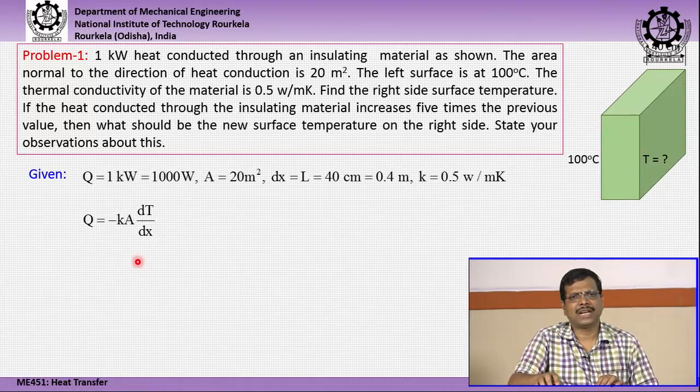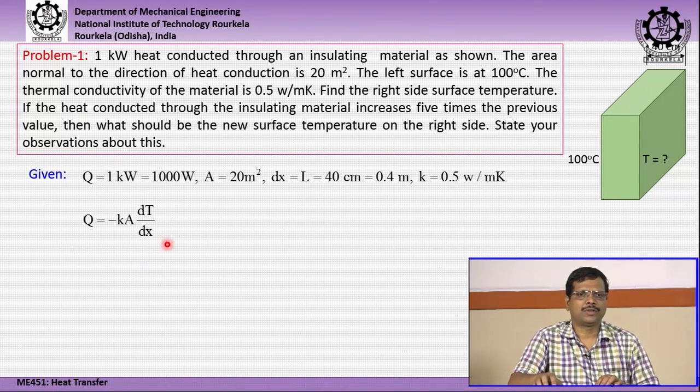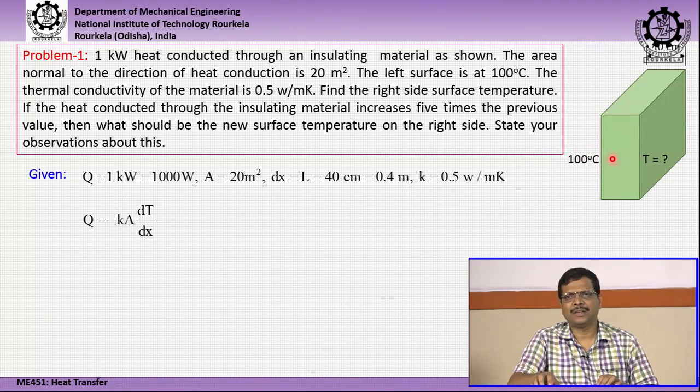So, first we will write down the expression for heat flow Q from Fourier's law of heat conduction, that is minus k into A into dT by dx. Here Q is known to us, area is given, k is also known, dx is also known, and in dT we know one value of temperature, on the left face, so we can find the only unknown in this expression, that is the temperature on the right face.